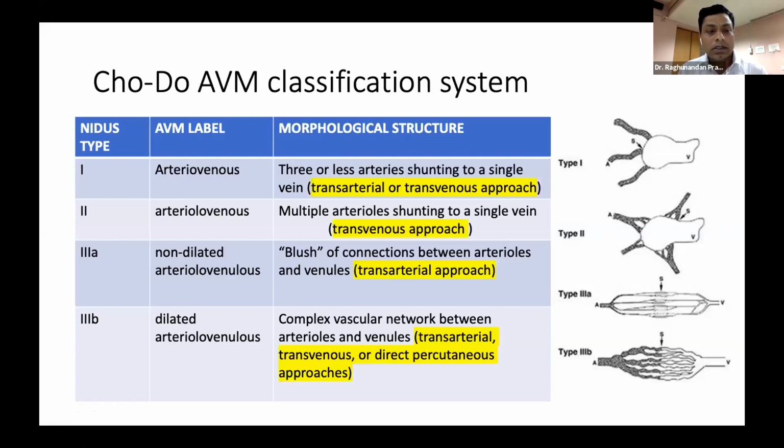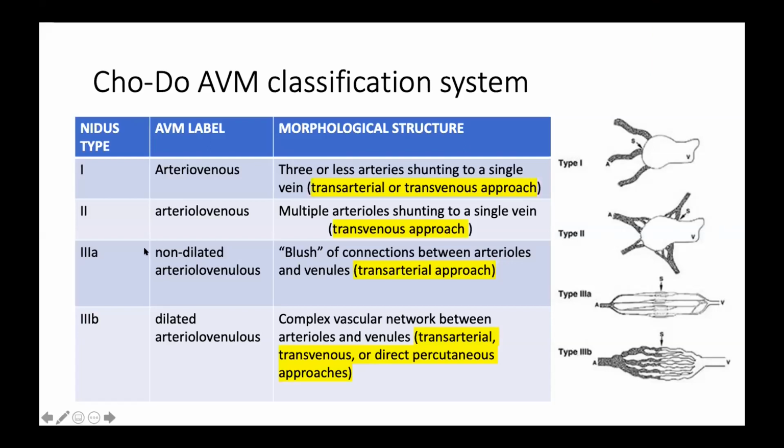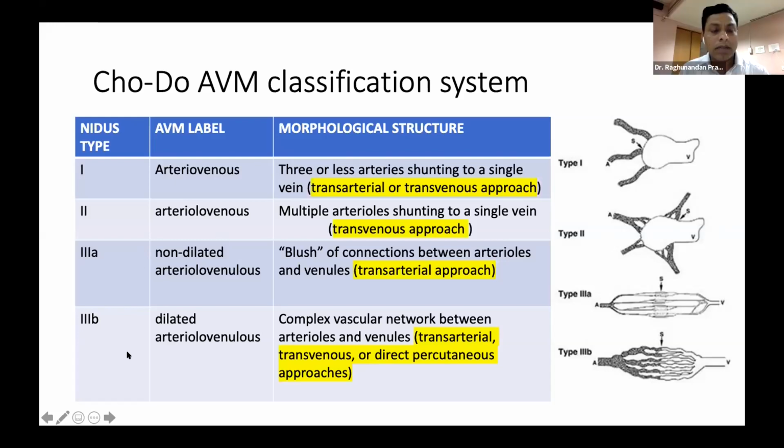Now the last category is type 3, with type 3A and type 3B lesions. For type 3A, the transarterial approach is better, and you can tackle it with this route only, because you don't have much dilated veins to come from the transvenous route.